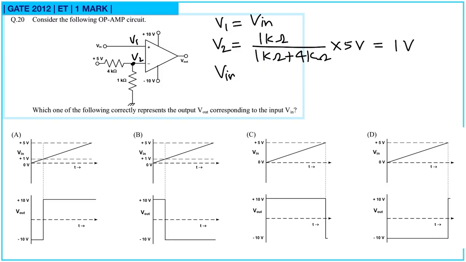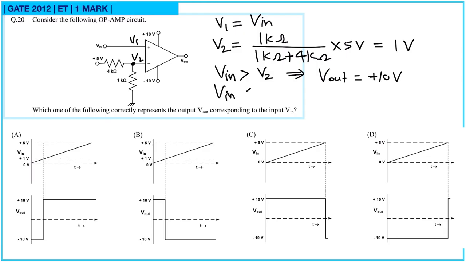So if V in is greater than V2, then the output voltage will be plus 10 volt. See, this is V in. So if voltage given to positive terminal is greater than that given to the negative, that is non-inverting input is greater than inverting input, then output will be plus VCC.